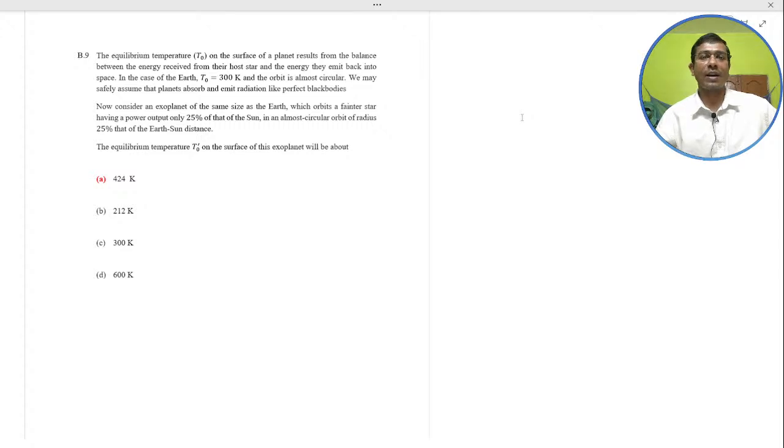In the case of the Earth, T0 is 300 Kelvin and the orbit is almost circular. We may safely assume that the planets absorb and emit radiation like perfect black bodies.